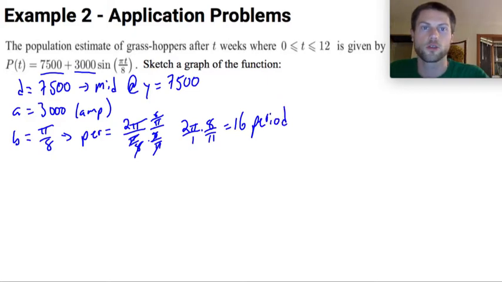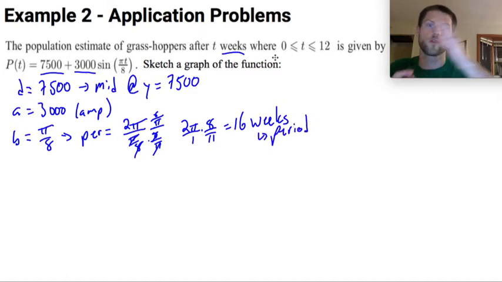I should specify that this isn't just an arbitrary 16. We have a value for t. This is weeks. So 16 weeks is going to be the period. What that means essentially is that it takes 16 weeks for this grasshopper population to reach the beginning of its cycle again.